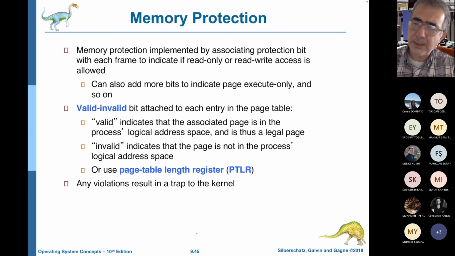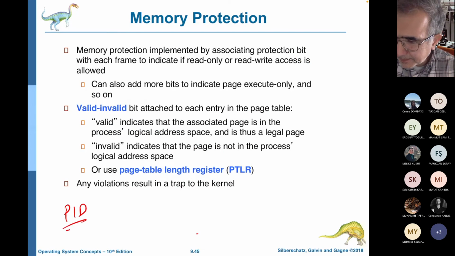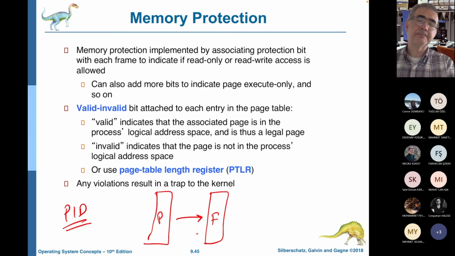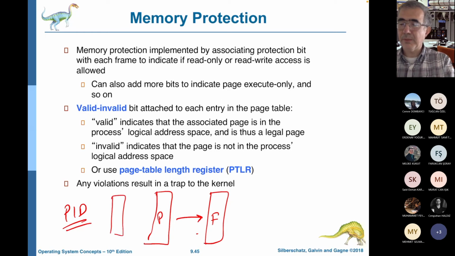These things are not that easy for memory managers because there are process IDs. And there are pages and there are frames. When you are doing mapping, and there is a program here, frames must be empty at the beginning.